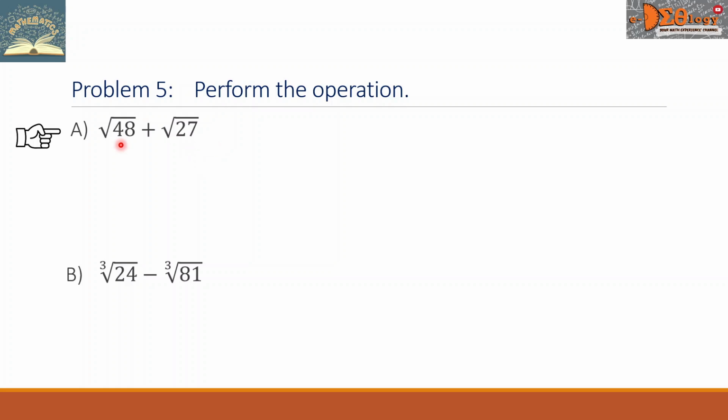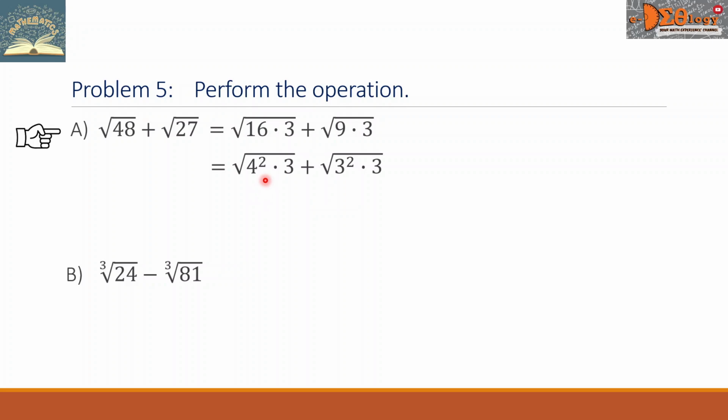We're going to factor these two numbers such that one of the factors must be a perfect square number. For 48, we factor this out as 16 times 3. For 27, the factors are 9 times 3. Then we show 16 as a perfect square, 4 squared. For the 9, we write 3 squared. Then we can simplify the radical. This 4 squared, we can put the 4 outside the radical symbol.